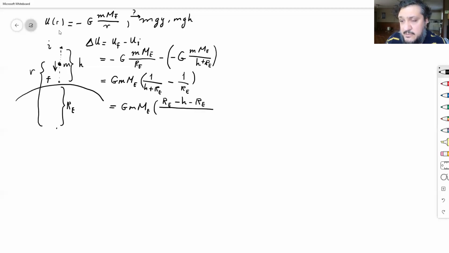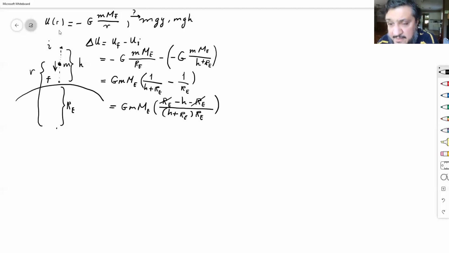In the denominator, I have H plus RE times RE. So these two go away. H is the height.